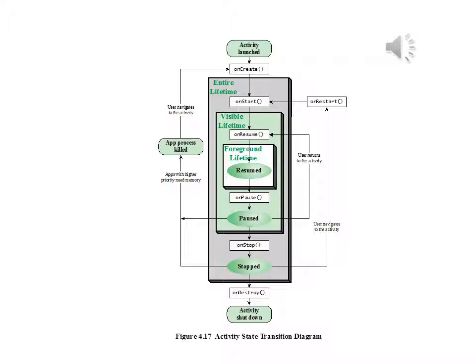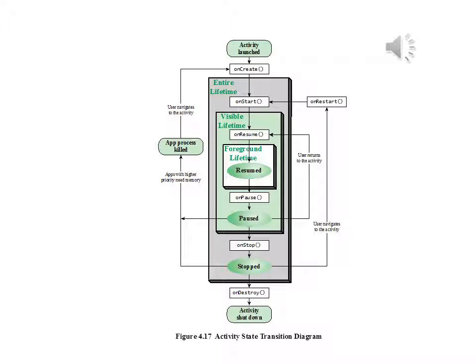The application then pops the activity that is on top of the stack and resumes it. The resumed and paused states together constitute the visible lifetime of the activity. During this time, the user can see the activity on screen and interact with it.